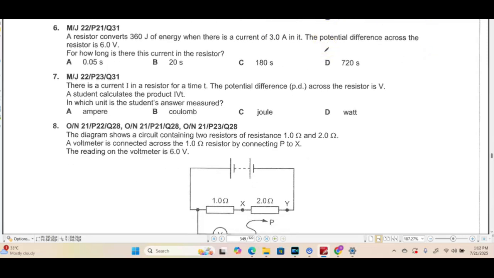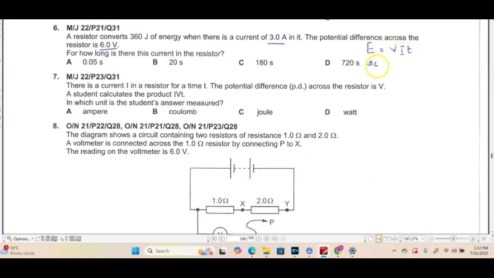Question number 6. A resistor converts 360 joules of energy when there is a current of 3 amperes in it. Potential difference across the resistor is 6 volts. For how long is there this current in the resistor? We have to find time. We have energy, voltage and current, so we do VIT.